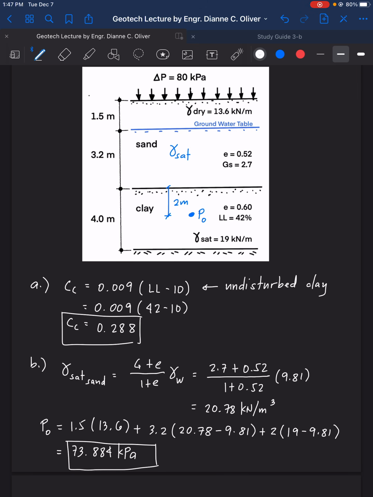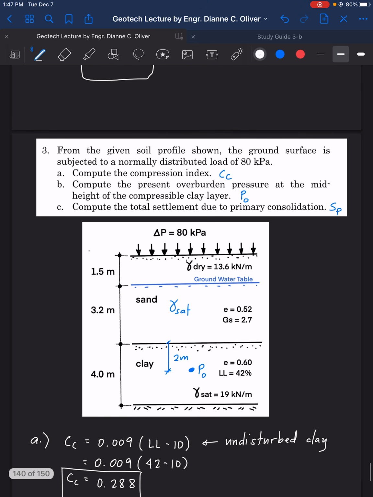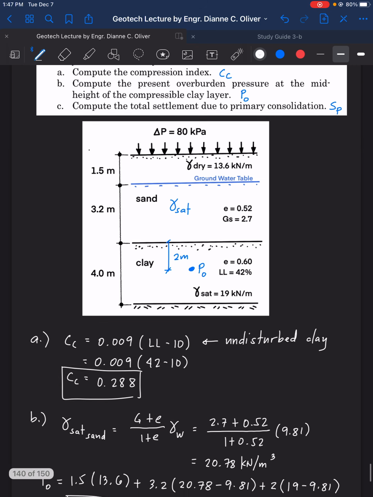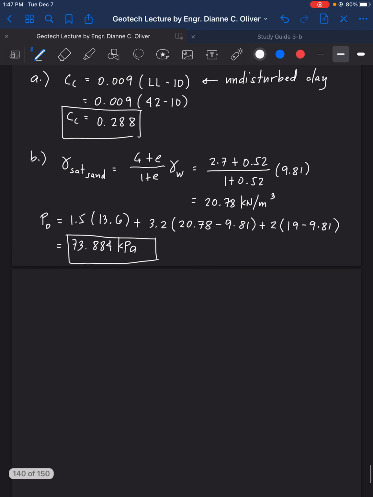So that is P sub O, or the present overburden pressure at mid-height of the compressible clay layer. Next, letter C, compute the total settlement due to primary consolidation. So due to primary consolidation only.